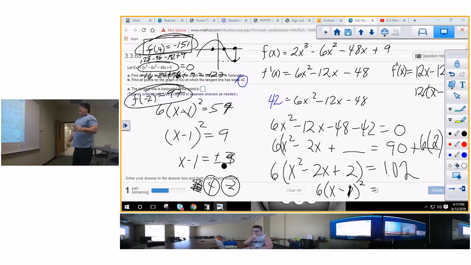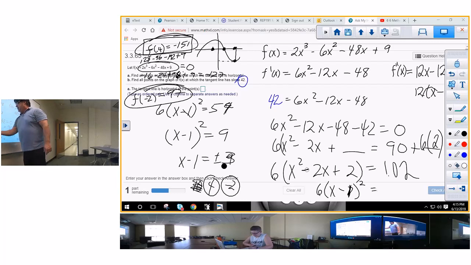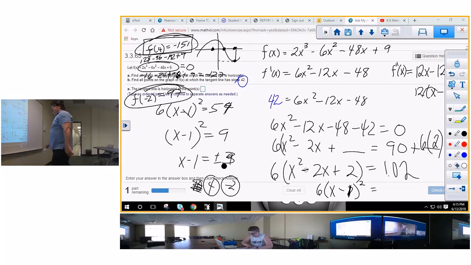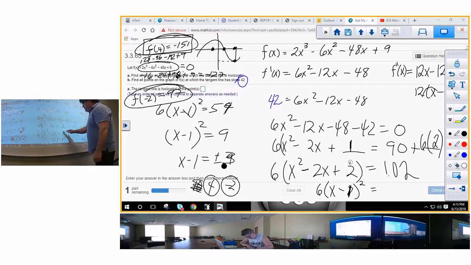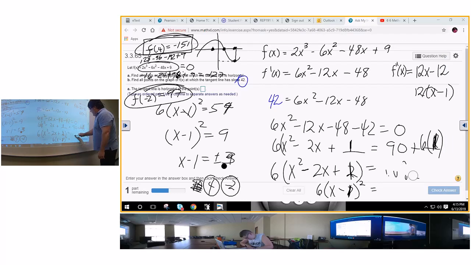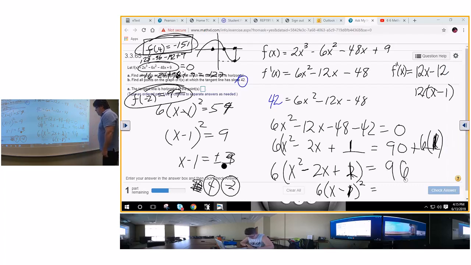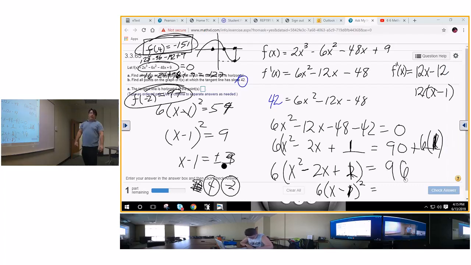Half of 2 is 1. 1 squared is 1. Stupid. 90 plus 6 is what? 96? I called it, so y'all didn't. You're supposed to say, oh yeah, I thought that's what it was. That's what everybody's supposed to say.